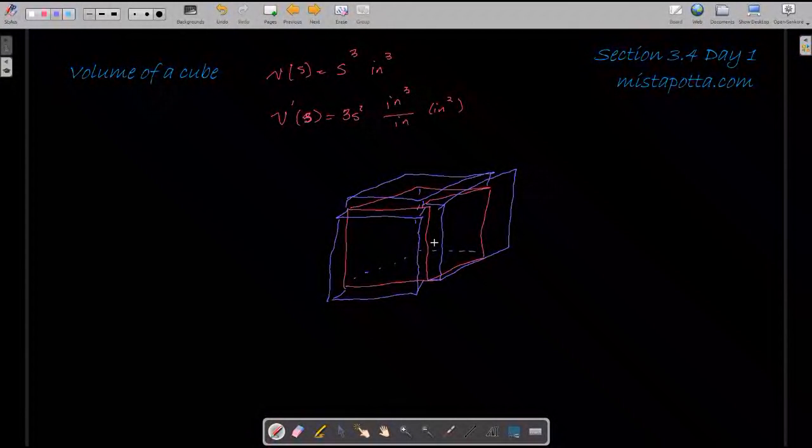So it's proportional to my surface area. And this is an interesting relationship we'll address more in chapter 4 after we've learned some more derivative techniques.